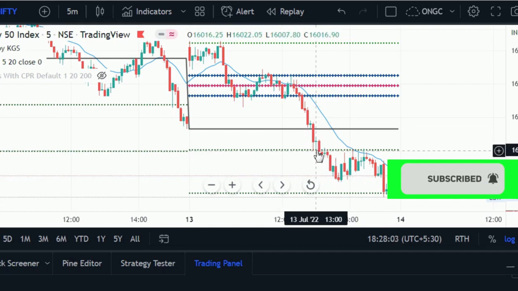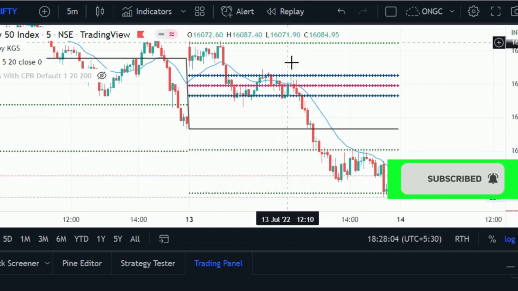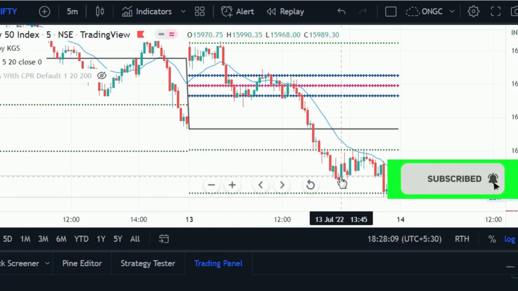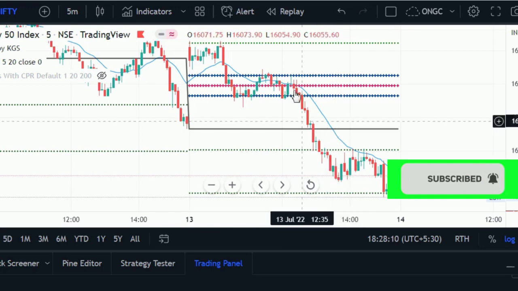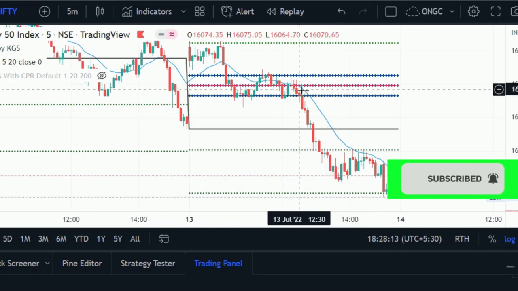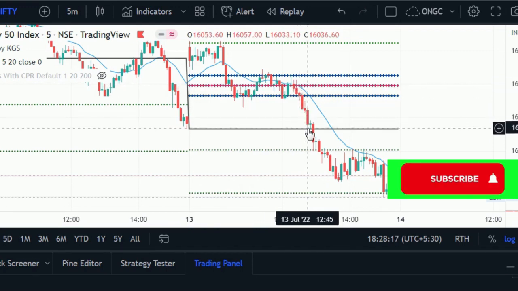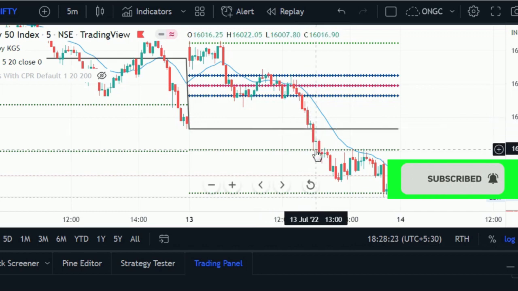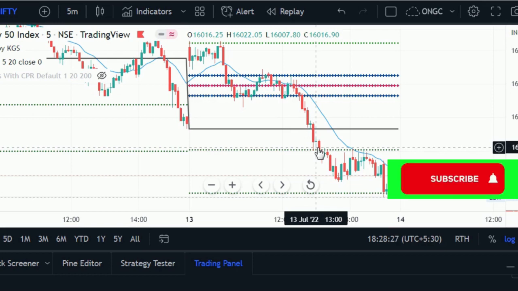I know the weekly pivot is so powerful and it could reach there, but sometimes it may not. To be sure about my profit, if I take the trade here, I will take my profit here. If the situation is in my favor, I will take my profit till here, because I cannot risk my profit.